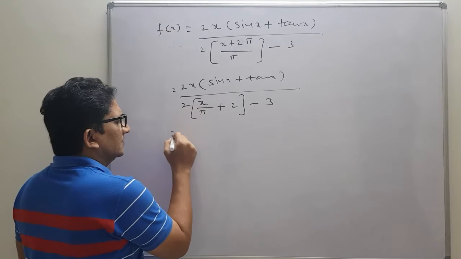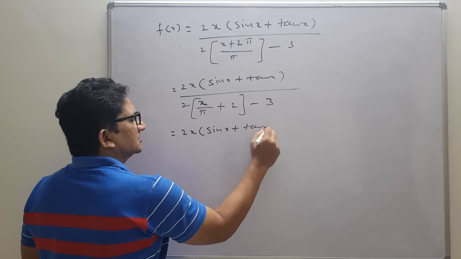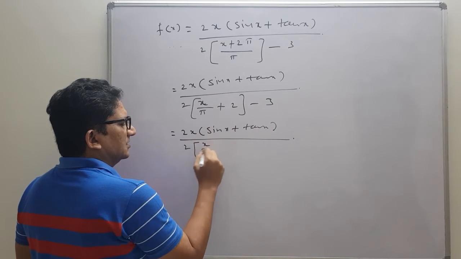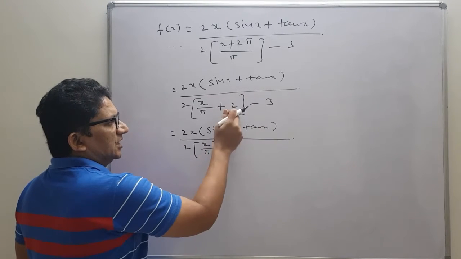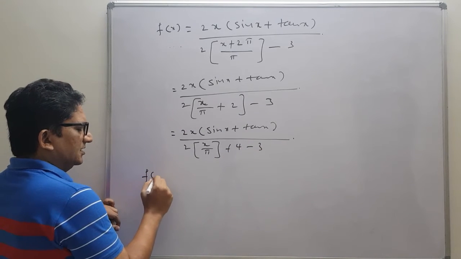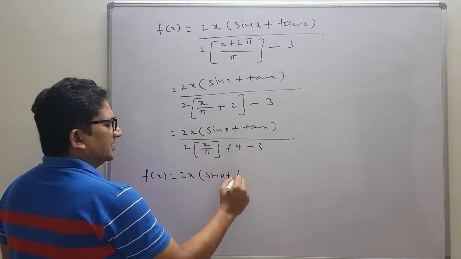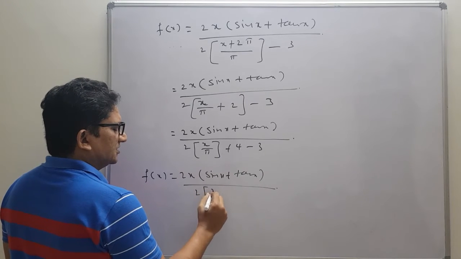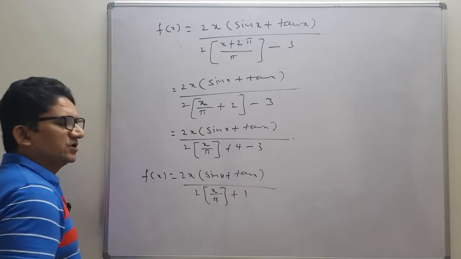So 2x into (sin x plus tan x) divided by 2 times the greatest integer function of x by pi, plus 2 into 2 which is 4, minus 3. Finally f of x equals 2x into (sin x plus tan x) divided by 2 times the greatest integer function of x by pi, plus 4 minus 3 is 1.